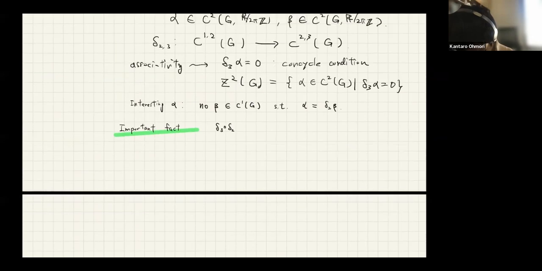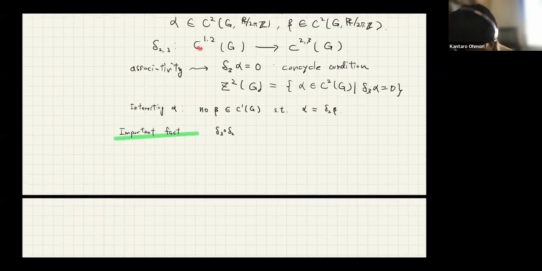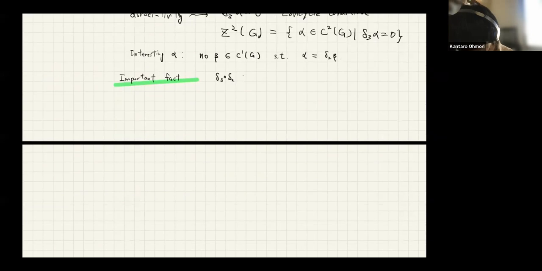Delta 2 sends one cochain to two cochain, then delta 3 sends two cochain to three cochain. So this sends one cochain to three cochain, but this is 0.